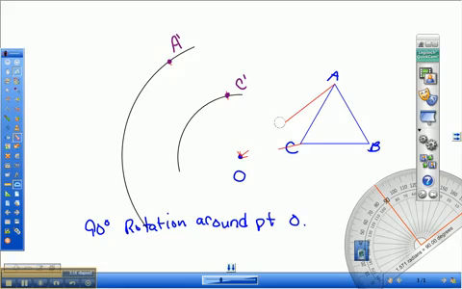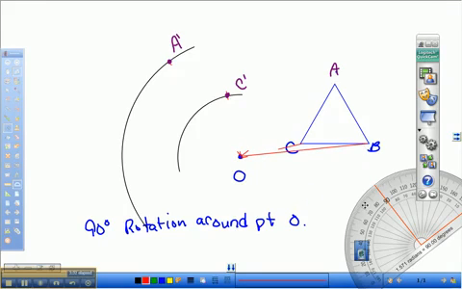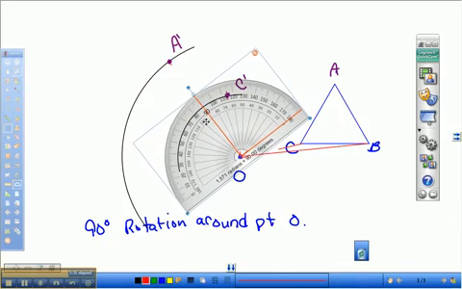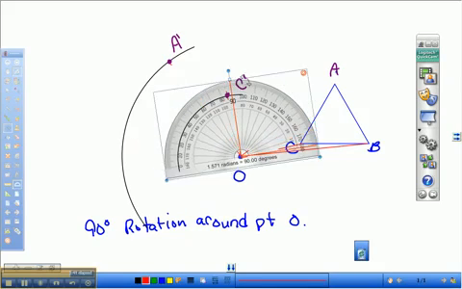And we only have one more point to do, so let's connect our point of rotation O, point B, grab our protractor, our 90-degree angle measure, move the protractor out of the way.